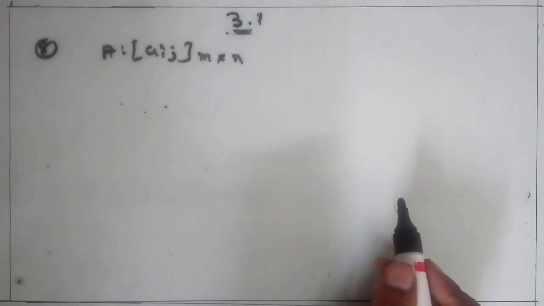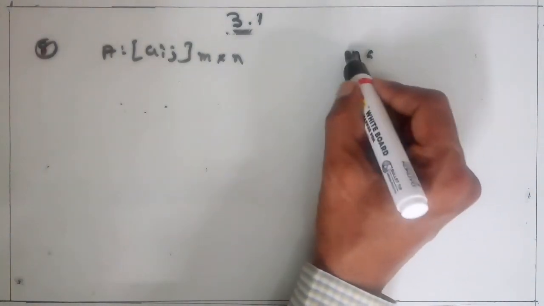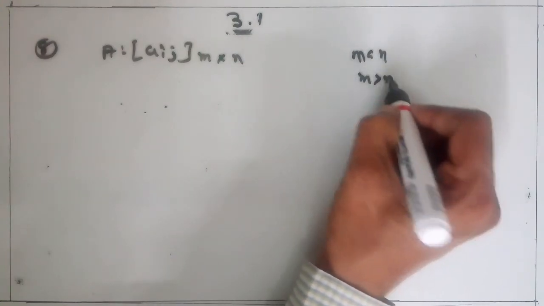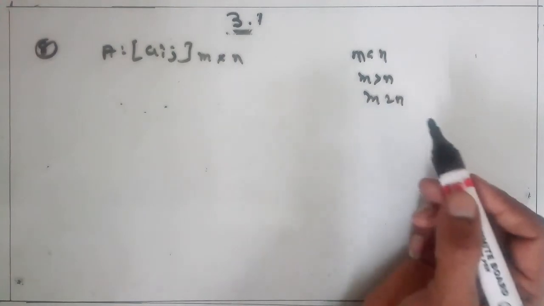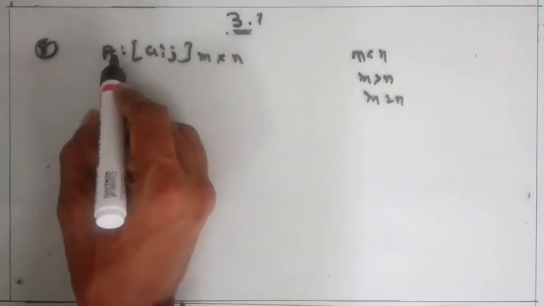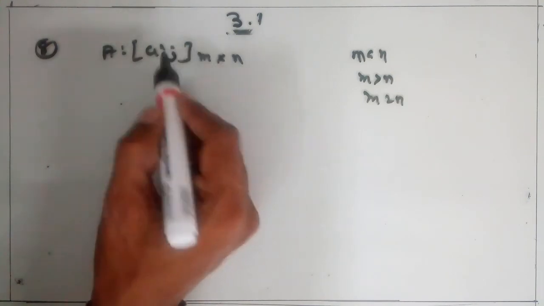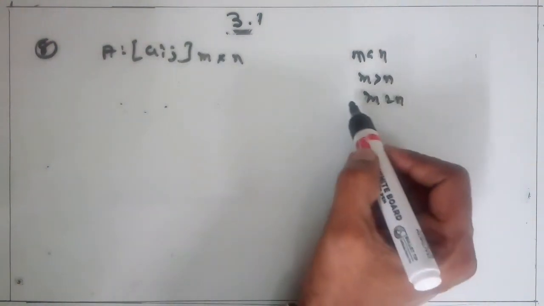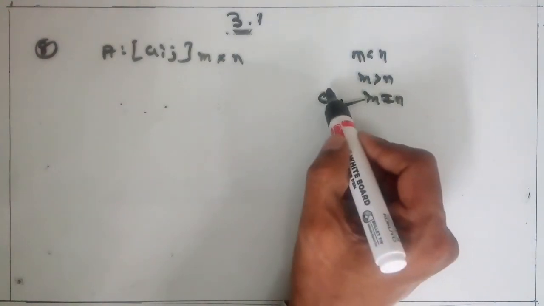Then what is the correct answer? m less than n, m greater than n, m is equal to n, or none of these. A is equal to Aij, m cross n, is a square matrix. So this matrix has the same number of rows and columns, that is m is equal to n. So the answer is option C.